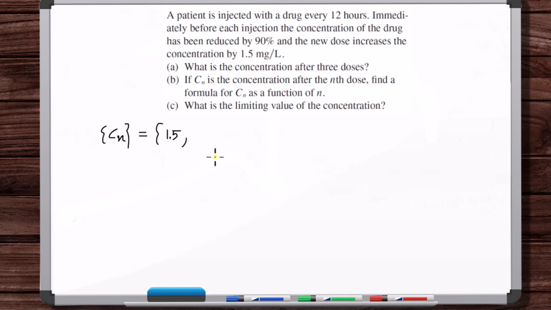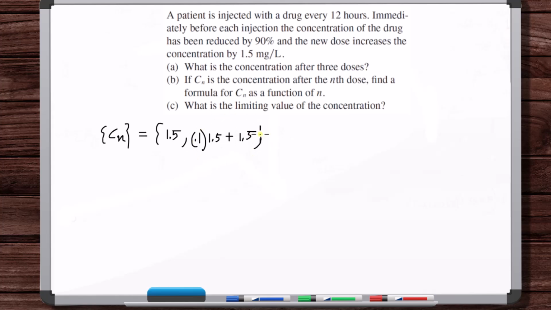Okay, now when you take the next dose, what's the concentration going to be? Well, it's going to be reduced by 90%, so 0.1 times the initial dose. Okay, but then plus you just took another dose. Now what's the concentration after the third dose? It's going to be 0.1 times all of this.